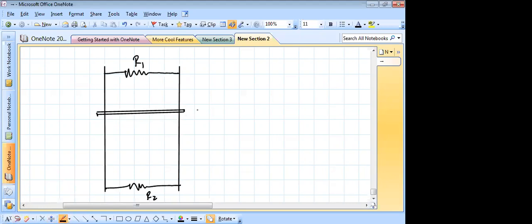let's say at some point of time this rod has a velocity v, and there is a magnetic field going into the plane. So v cross B will be in this sort of direction, so this will act like an EMF like this, and there will be a current I like this.